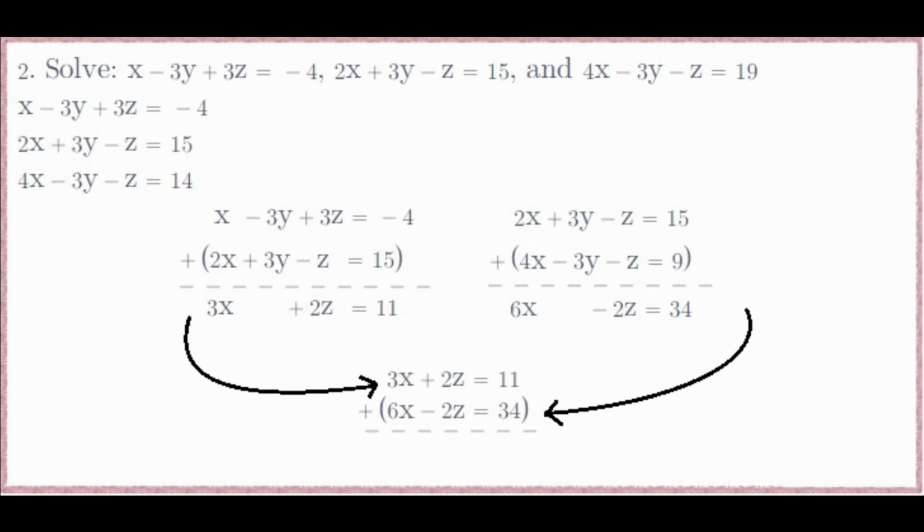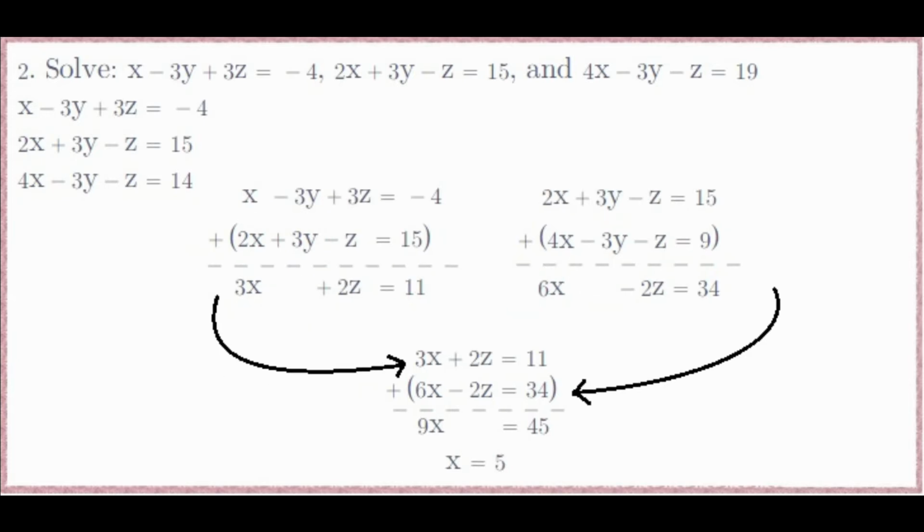We can then take those two equations and put those together, having 3x plus 2z equals 11 paired with 6x minus 2z equals 34 to get 9x equals 45, which then gives us that x equals 5.